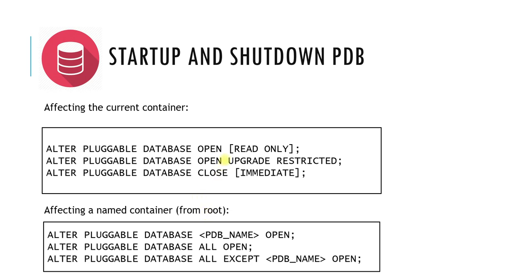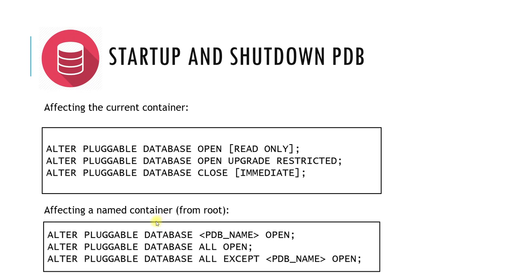Now you can run the statement alter pluggable database close. It will close or shut down the current PDB, not all the PDBs. So let's say you have 3 PDBs and you are connected to PDB1, and you run this statement, then it will close PDB1 only.